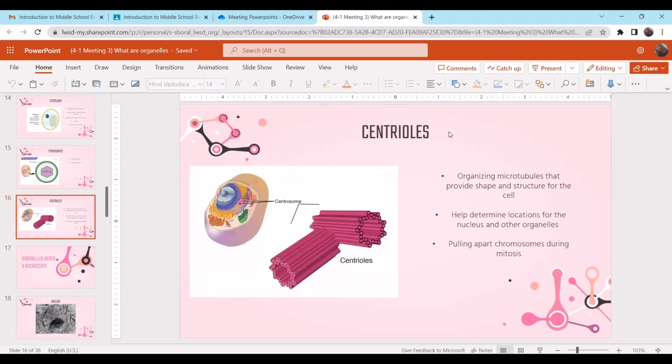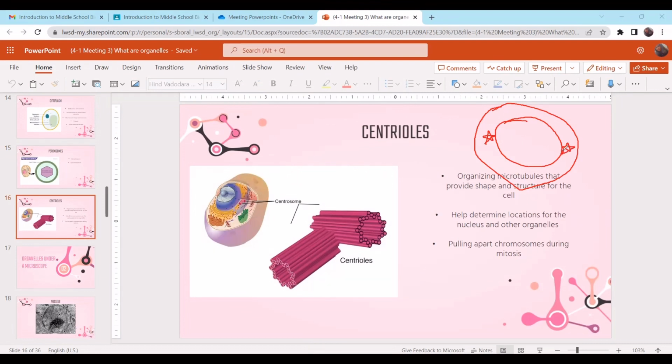Centrioles. So centrioles are these little star-shaped things that are outside the nucleus. I will draw a picture for you here. So again, this is the cell with the nucleus inside the cell, and the centrioles are these star-shaped spindle fibers kind of outside.